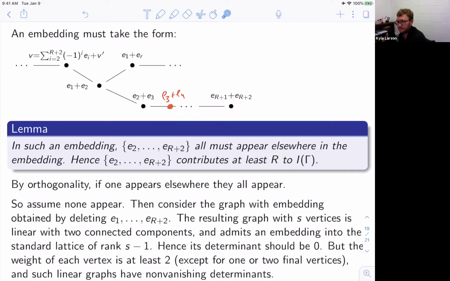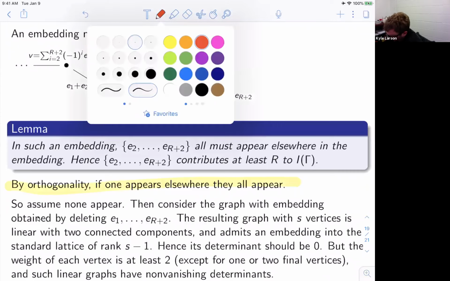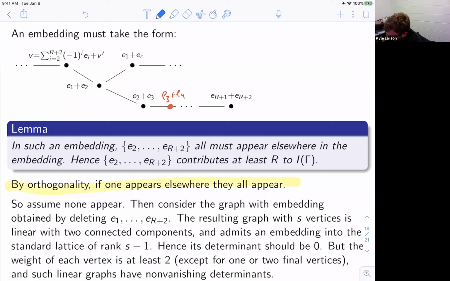Okay, so let's discuss this lemma. By orthogonality, if one appears elsewhere, they all appear. This is similar to the analysis that appeared in our examples. Let's suppose there's some basis vector, say E3, that appears here, plus some other things.